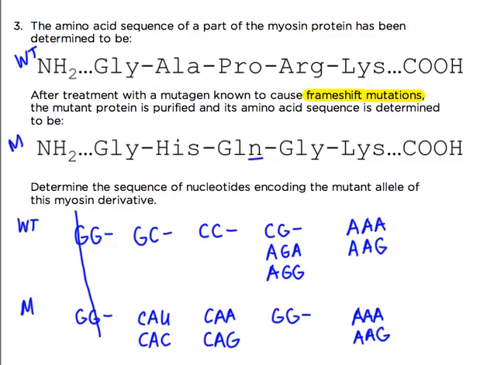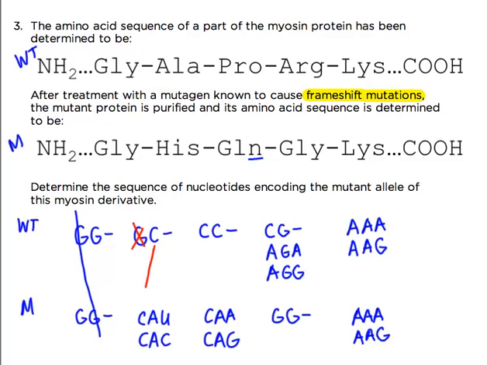Now, if you look, the nucleotide sequence in the wild type is GC dash, and the nucleotide sequence in the mutant is CAU. So what do you think happened here? It's plausible that this G was deleted by this mutagen, which would frame shift the whole sequence over one, right?